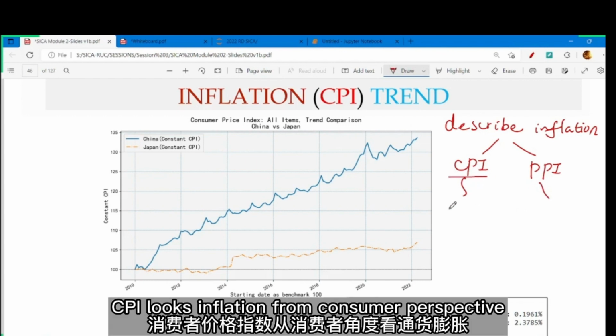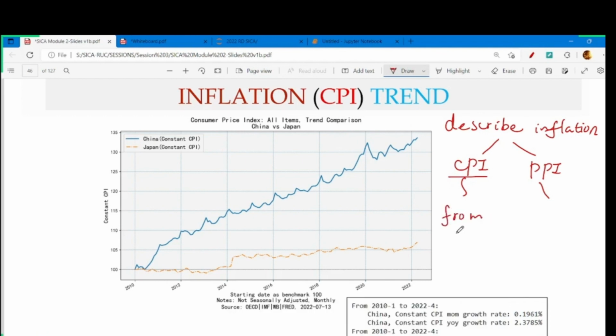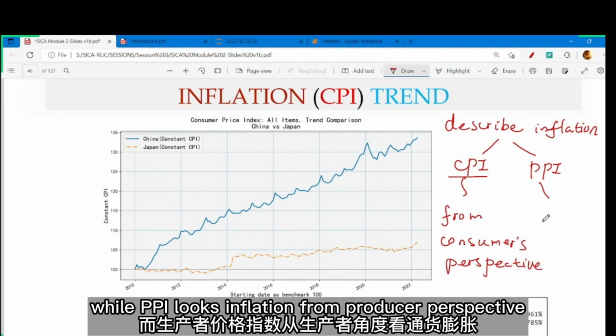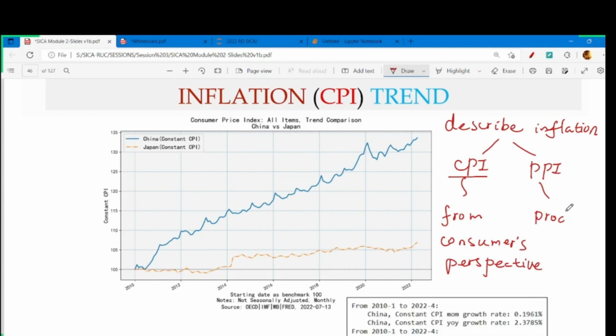CPI looks at inflation from the consumer perspective, while PPI looks at inflation from the producer perspective.